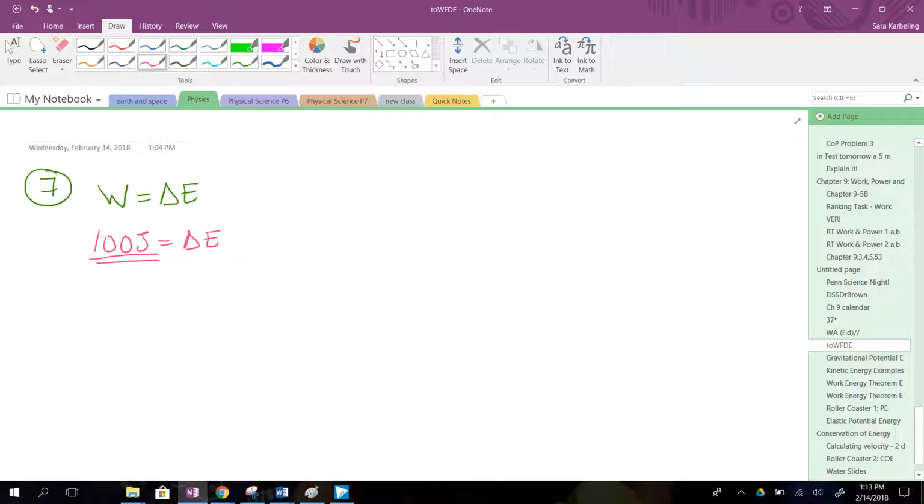The answer was 100, so we're going to say 200, right? Work is equal to change in energy, which is equal to m times g times h. That was our 100 joules. If we multiply h by 2, I multiply this by 2 as well, so it gives you 200 joules.